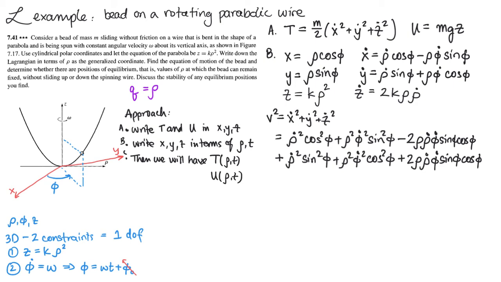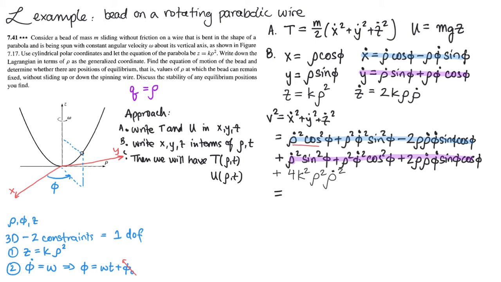And I'm just going to highlight these. So my x dot squared is this first row. My y dot squared is the second row. And then my z dot squared will be 4k squared rho dot squared.